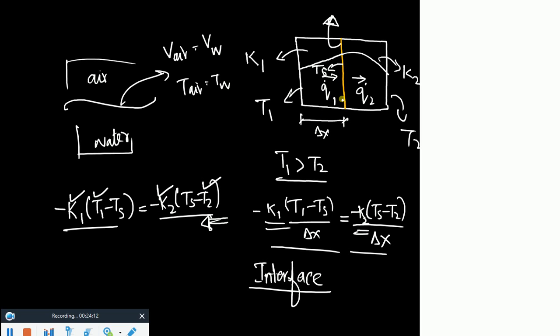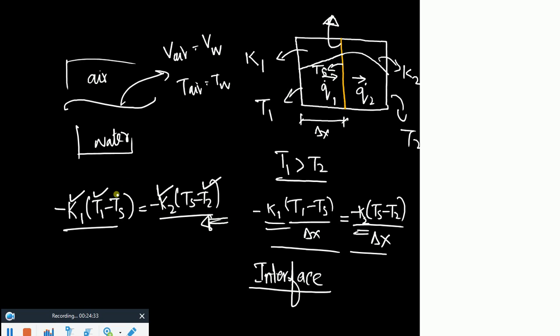Just look at this interface boundary condition. What is the energy principle for an interface? Interface is just like a surface. Can that surface store energy? Can that surface produce energy? Whatever is coming in needs to go out. So what does that mean?